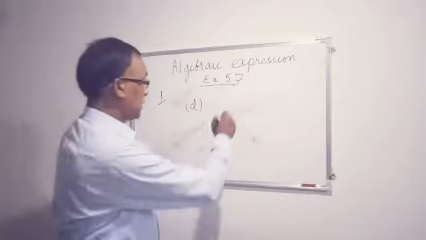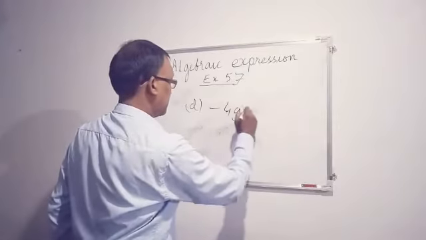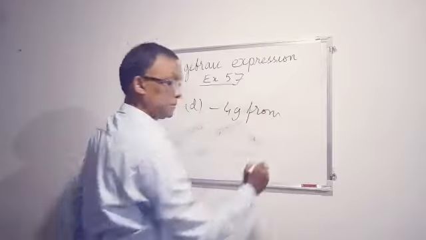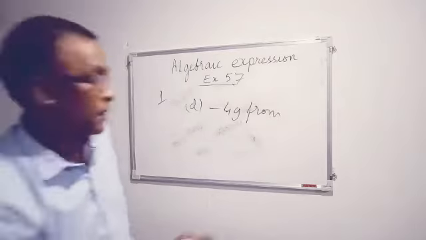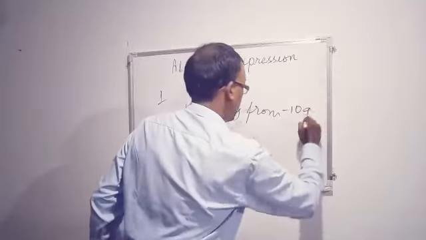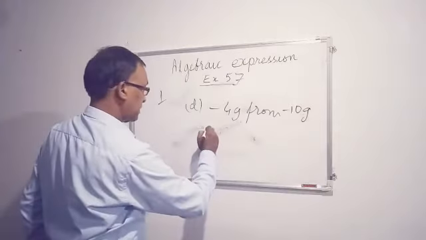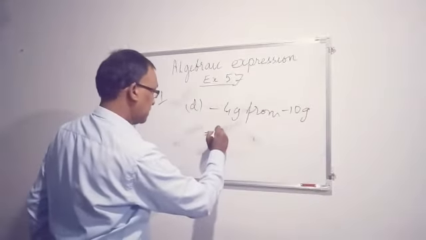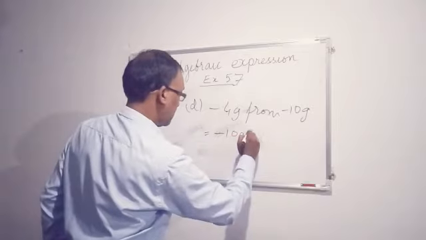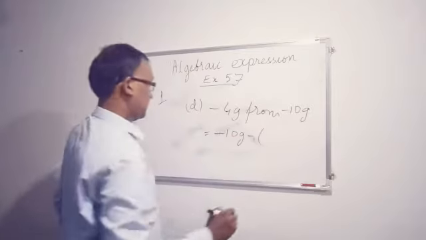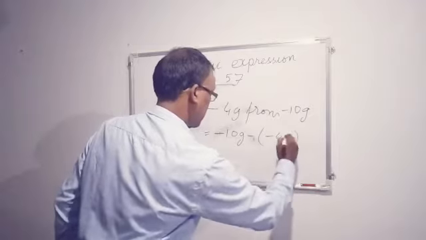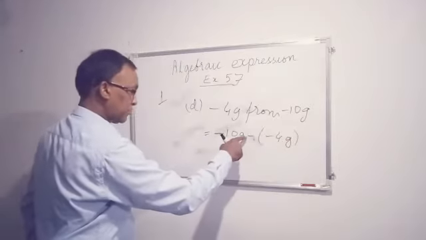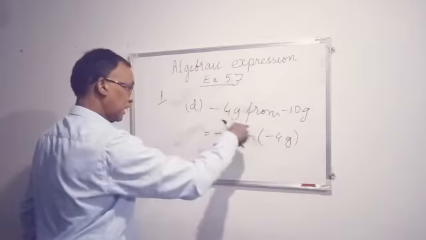It is minus 4g from minus 10g. So first, this is the horizontal method. Minus 10g minus, so minus 4g. I'm putting it in brackets because we have to subtract, and here minus is already there.